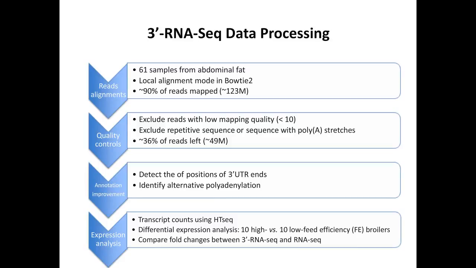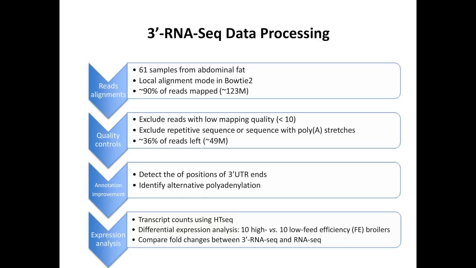I will come back to this point later on. So this was one of the criteria we used to exclude repetitive sequences and poly-A stretches. In the end, we were left with 36% of the reads, which was 49 million reads.